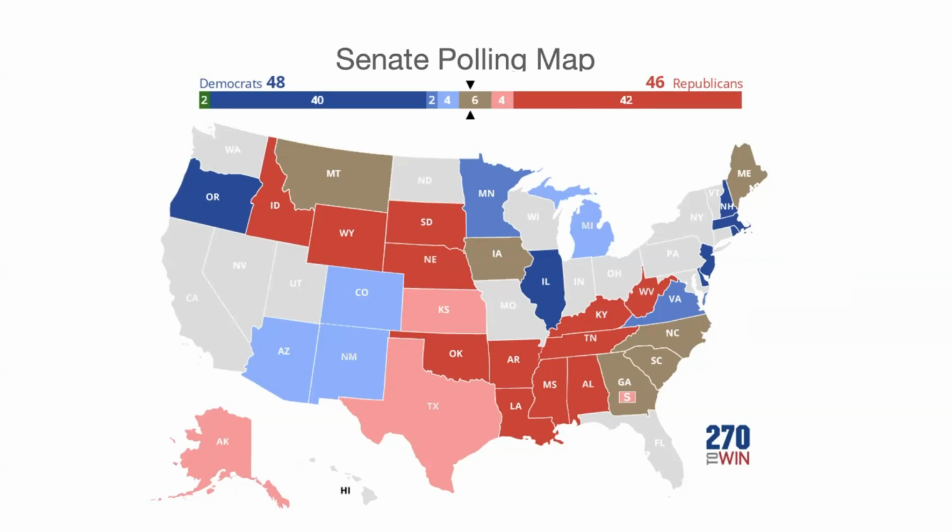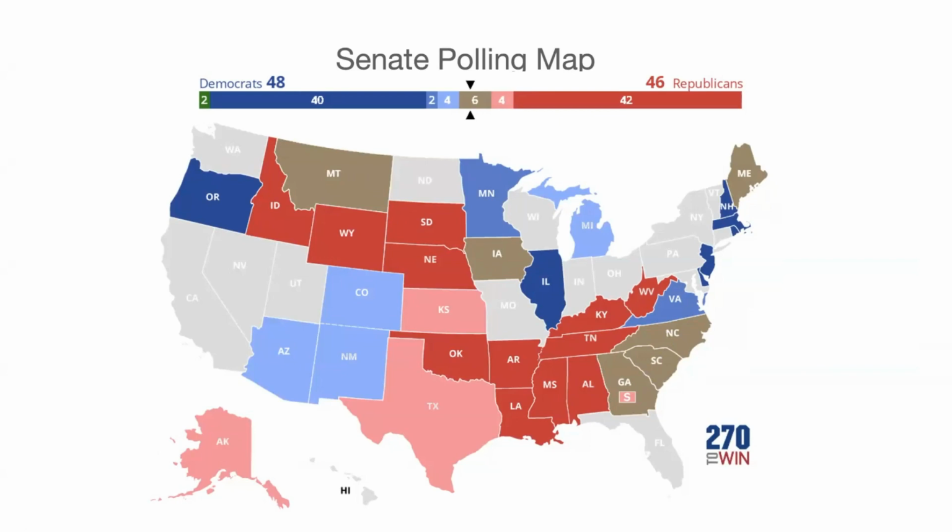Now, all of these states, maybe except for Maine and North Carolina, are traditionally Republican leaning. So if Republicans are able to retain control of states like Montana, Iowa, Georgia, and South Carolina, they're going to get 50 seats, which is not enough.